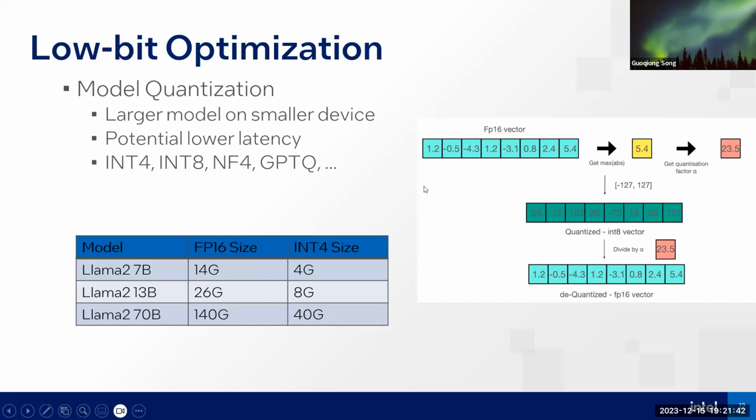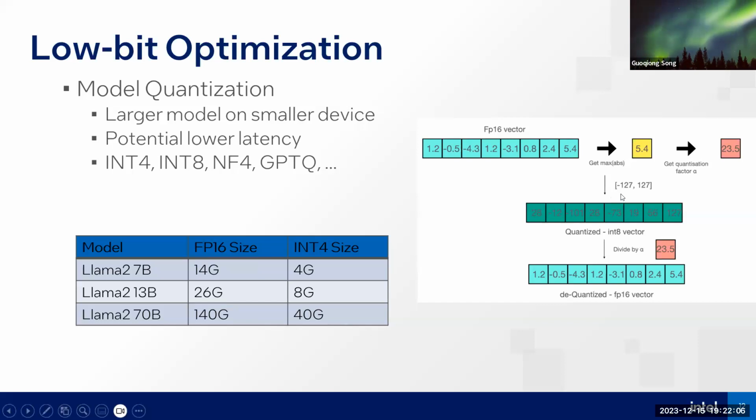So let's go into the details of how to quantize the model. Here's just one example. Think of this as one vector, an FP16 vector, like the embedding of some word. We take the max, then we can calculate the quantization factor according to the range of our format.